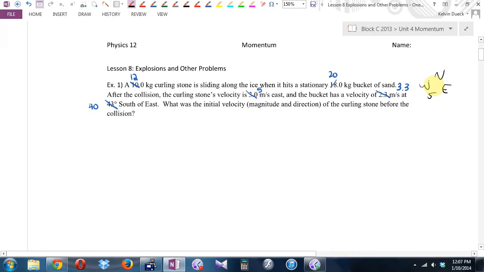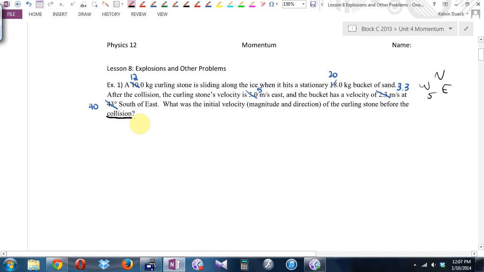All right, talk me through this. Really? Ooh, some of you in trouble. How do I know that I should start with conservation of momentum?